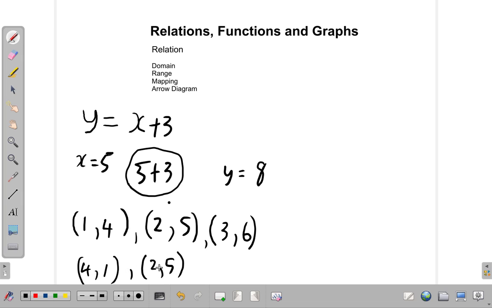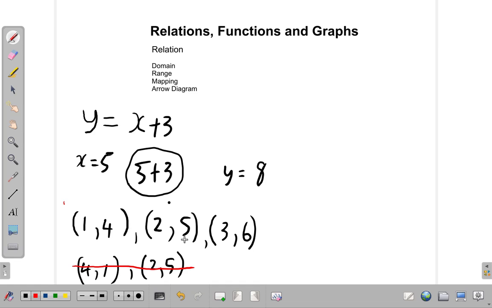These would not be in order, and they would not obey the rule either. Because if you put 4 for x, then you say 4 plus 3, you will not get 1. So these are not ordered pairs. They must be in the right order, and that goes for these 3 brackets.